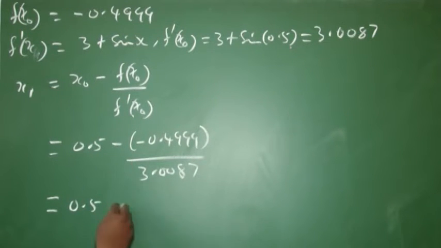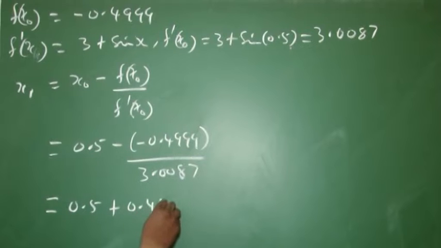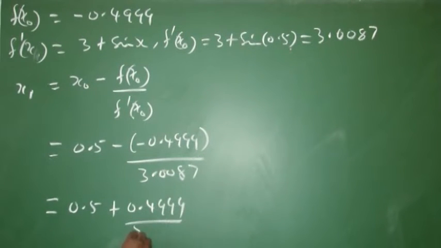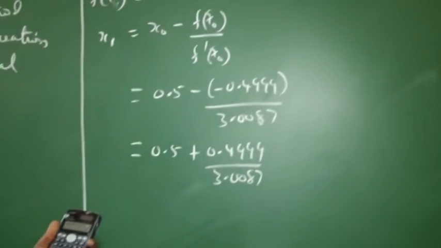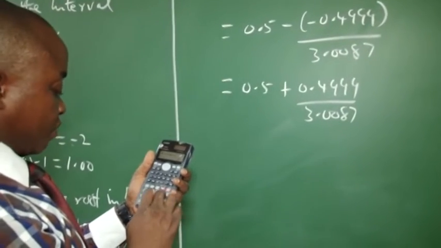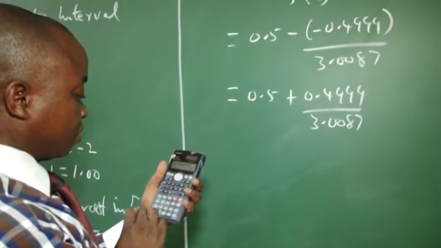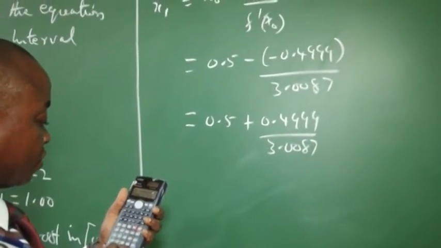Okay, so this will give me 0.5 plus 0.4999 over 3.0087. Okay, 0.4999 divided by 3.0087.